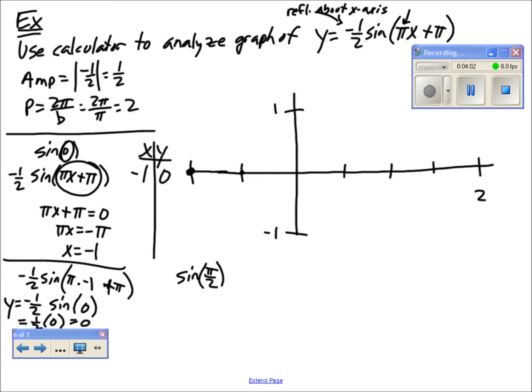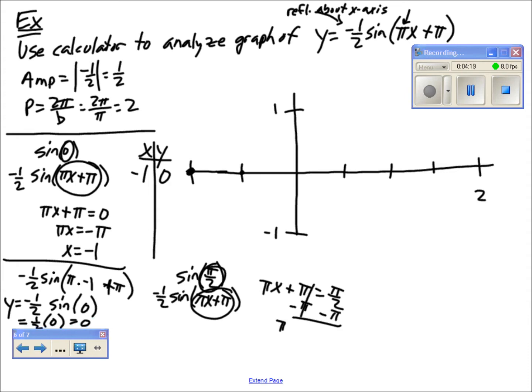So for this one, where is pi x plus pi equal to pi halves? Let me subtract pi, pi x equals negative pi halves. Let me divide by pi, so x is negative a half.